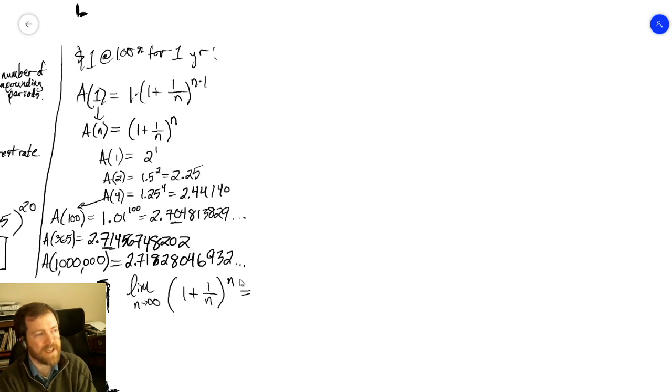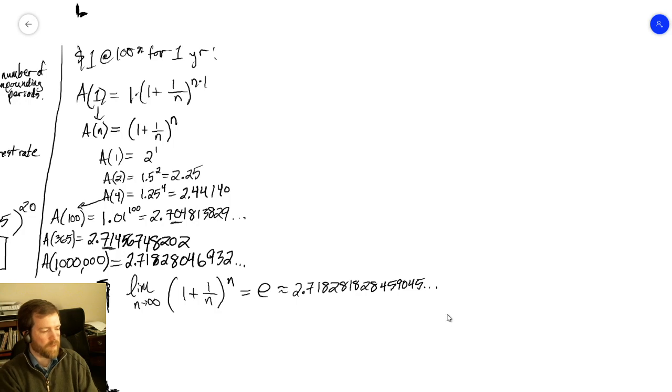And he found that this exactly equaled that e value that we saw before, which can be approximated as 2.7182818459045, and this keeps going on forever.